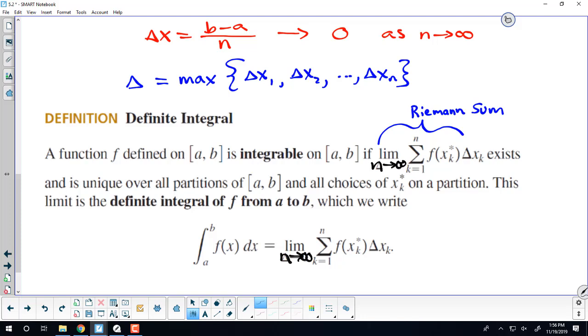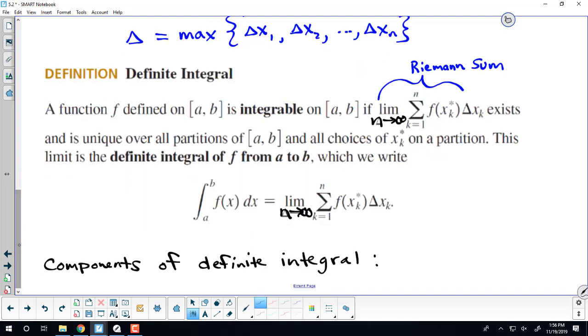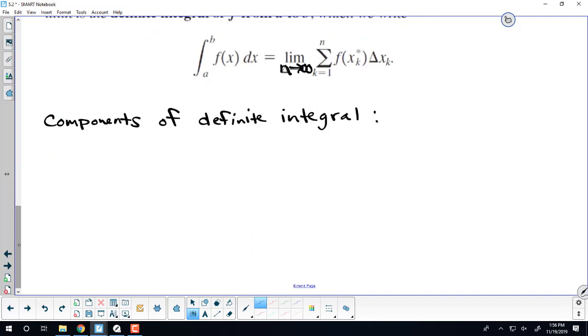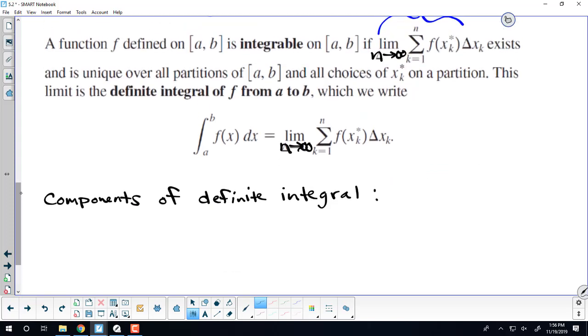So limits at infinity do come back to compute definite integrals. So I'll just rewrite that in a moment. But that's what we're saying: this limit as n approaches infinity on the Riemann sum, when we write that out, what that actually means is the integral from a to b of f of x dx.